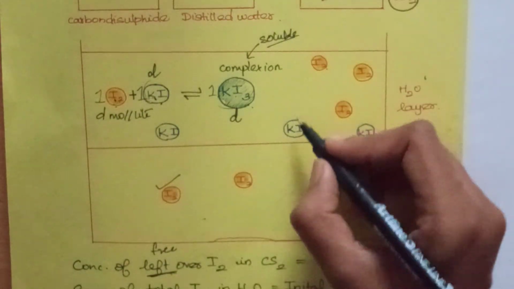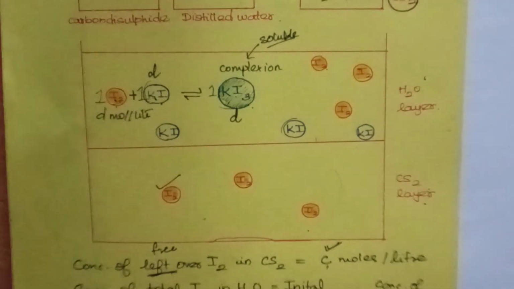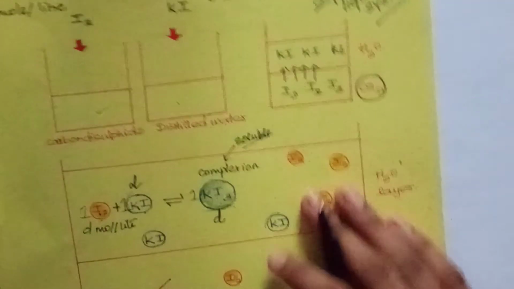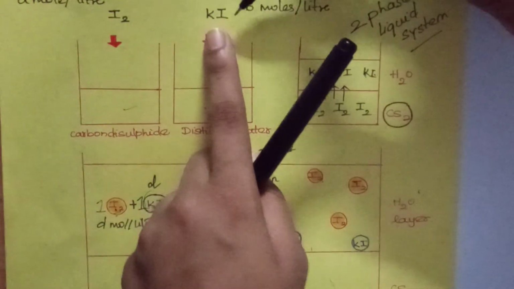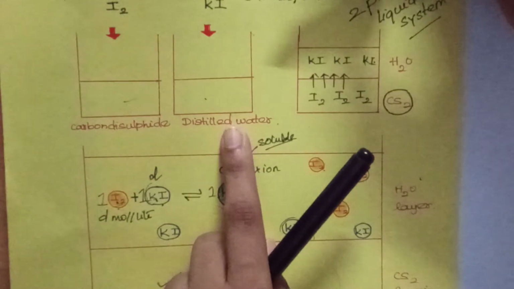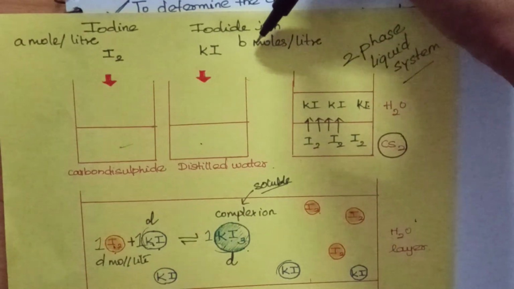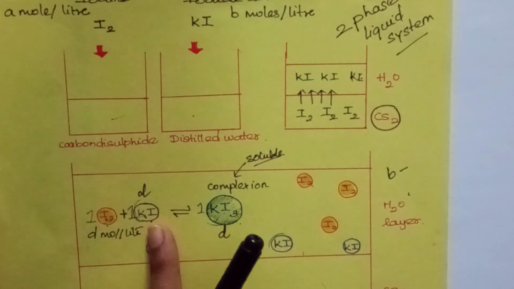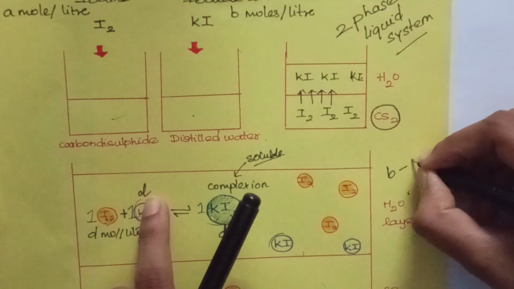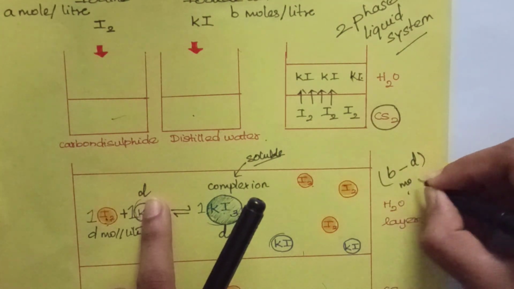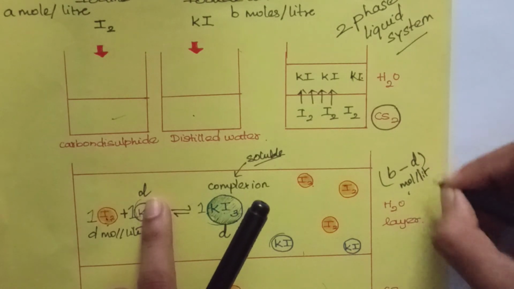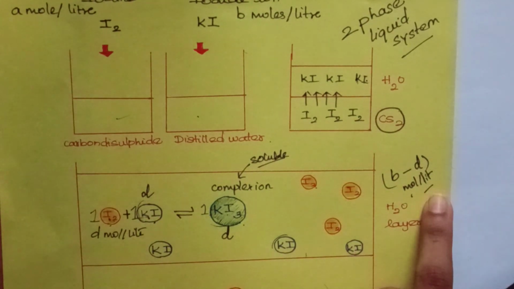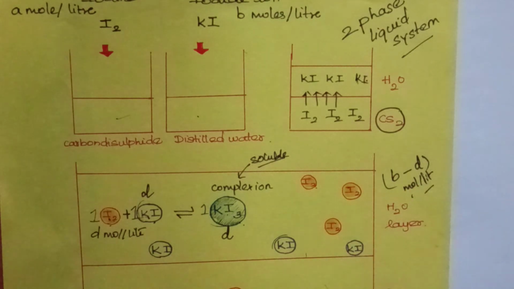So what is left is the concentration of free potassium iodide in water. It's very simple: the total concentration of potassium iodide in the aqueous layer is B moles per liter. So B minus the concentration of combined potassium iodide, D, is nothing but the concentration of free potassium iodide.